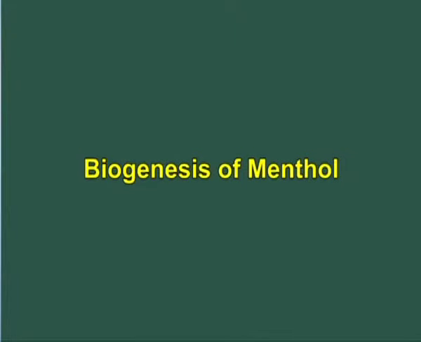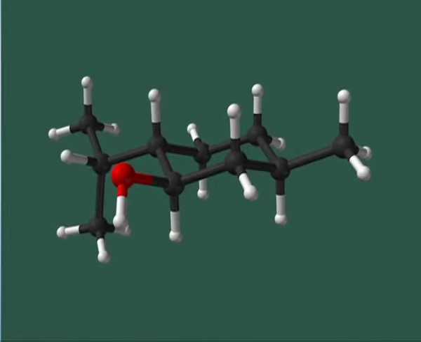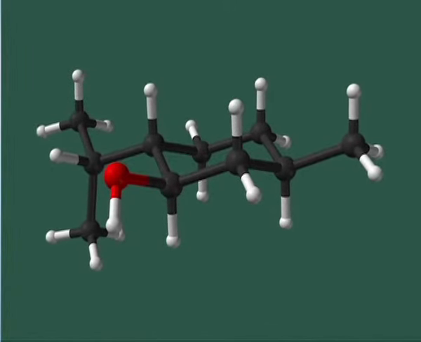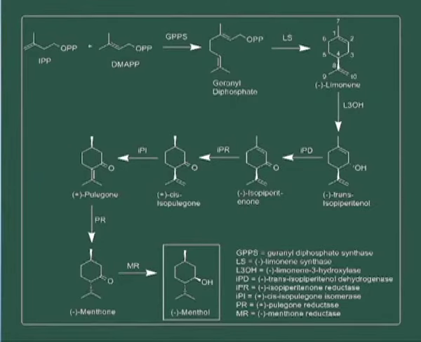Now, we move towards the biogenesis of menthol. Biosynthesis of menthol was investigated in Mentha piperita. It begins with the synthesis of the terpene limonene, followed by hydroxylation, and then several reduction and isomerization steps take place. Limonene synthetase catalyzes the cyclization of geranyl diphosphate to levorotatory limonene.